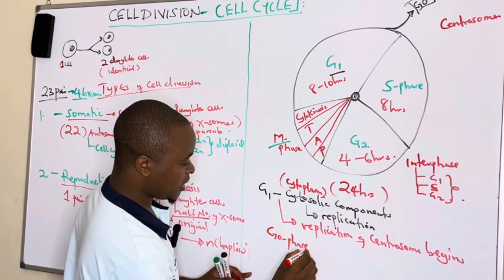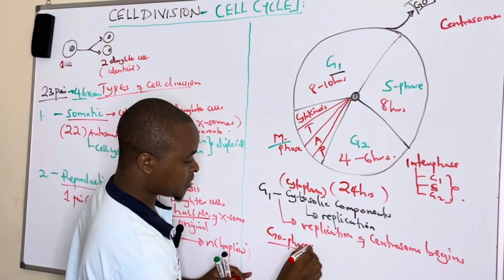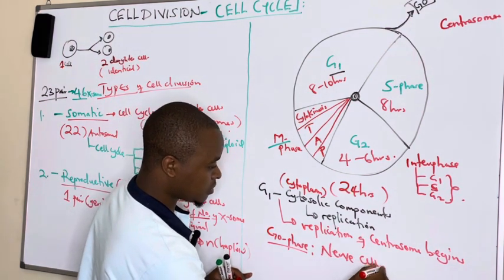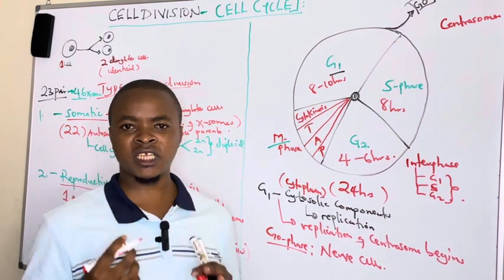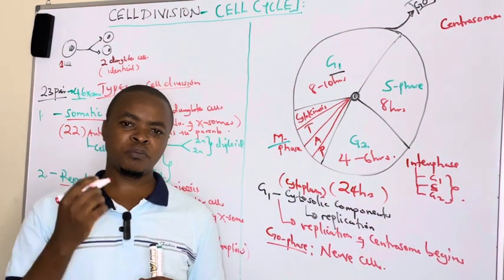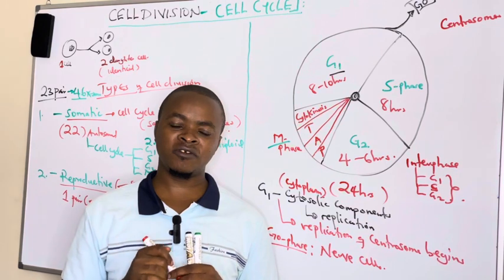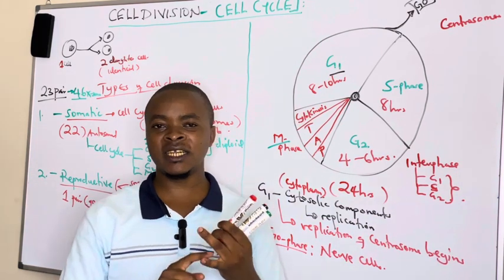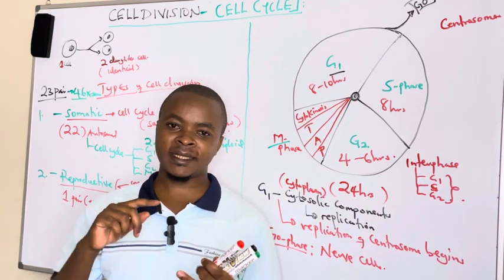Those cells include the nerve cells. So meaning whenever a nerve cell is damaged, because the major importance of somatic cell division is to replace the injured cells and to replace the dead cells.